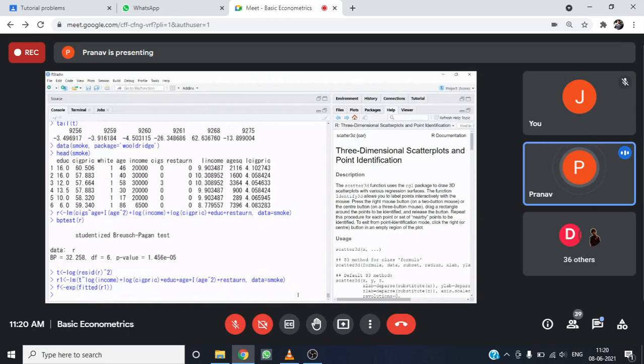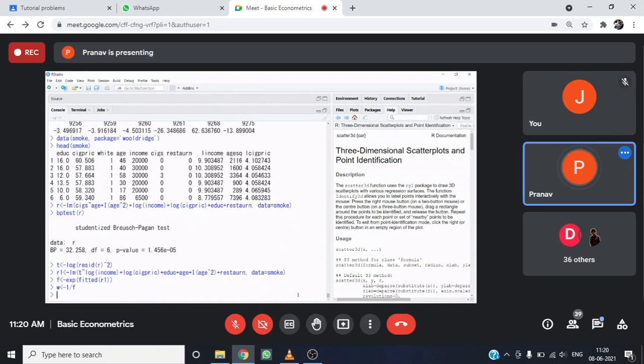So let us define it as this. Let's go inside R2.